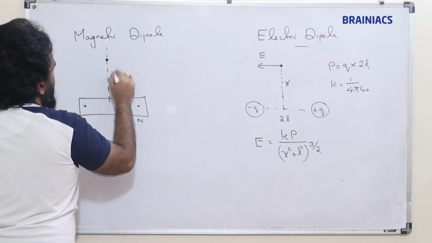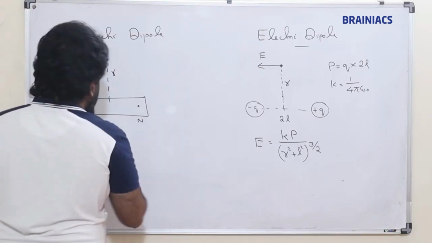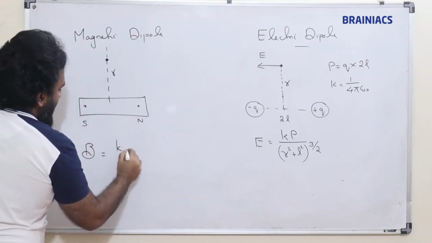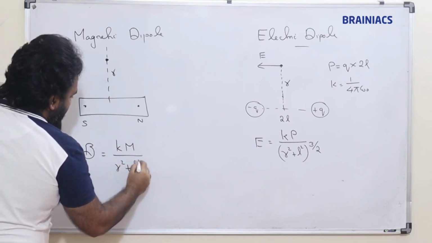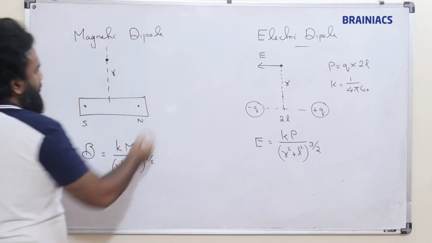So here if we consider a distance r, same thing, magnetic field is equal to K into M divided by R square plus L square all raised to 3 by 2.